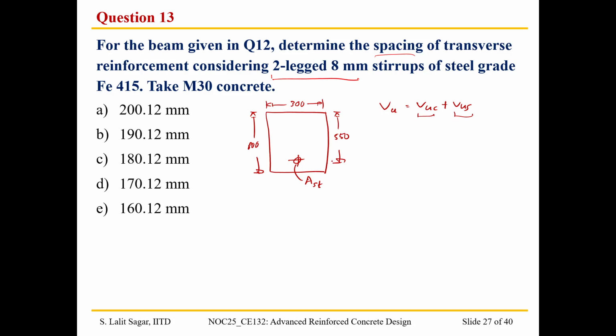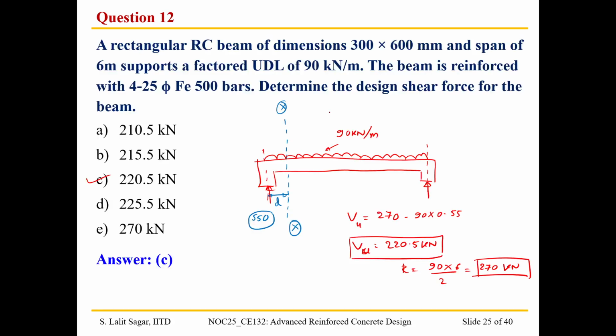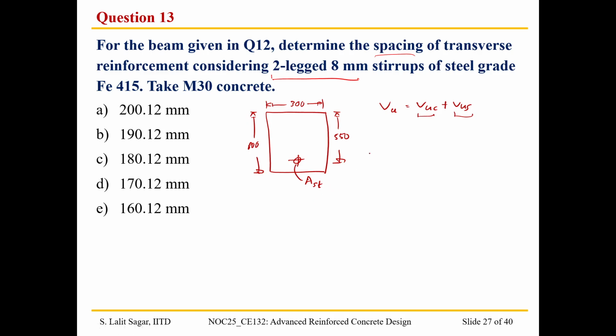What is the area of reinforcing steel? 4 bars of 25 mm diameter. That is, AST is π by 4 into 25 square into 4, that is 1963.5 mm square.